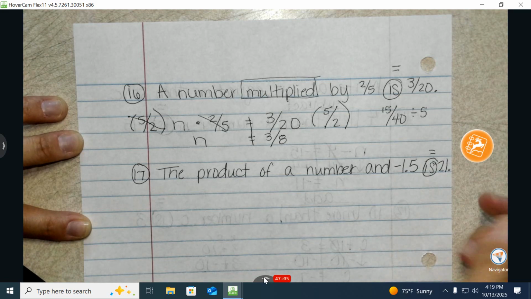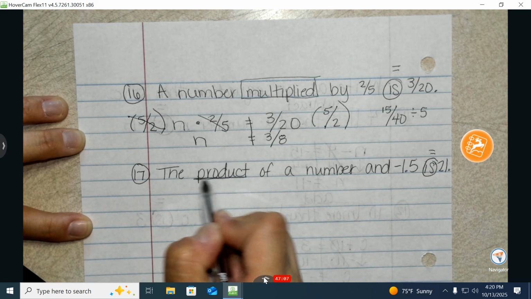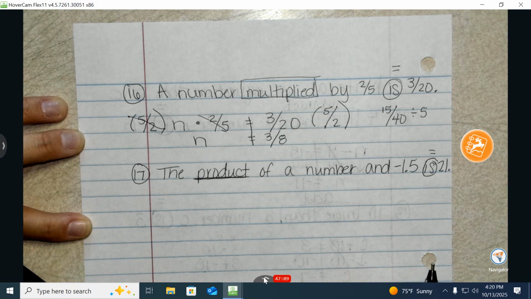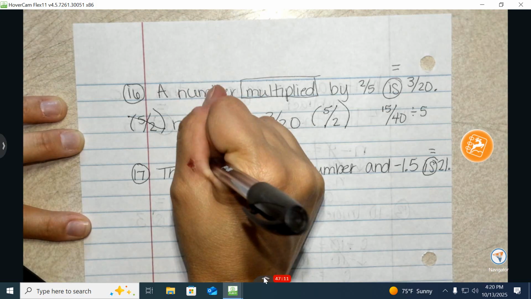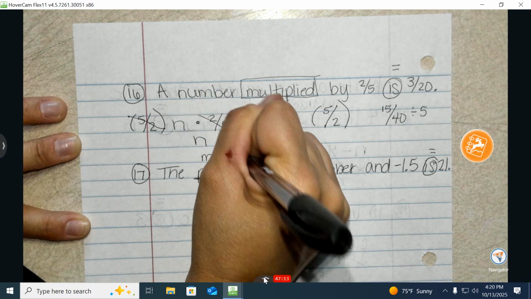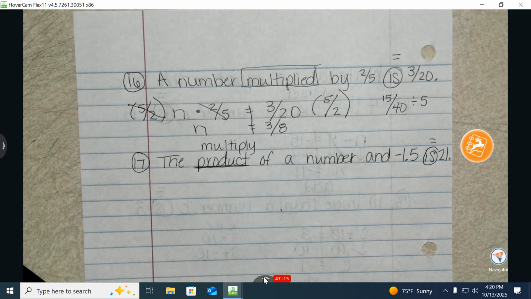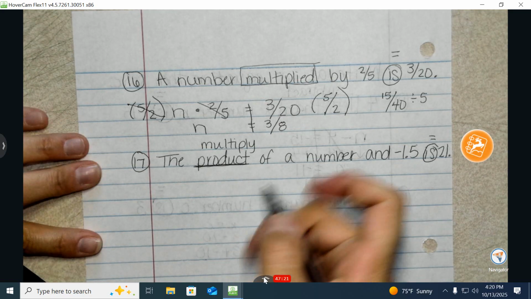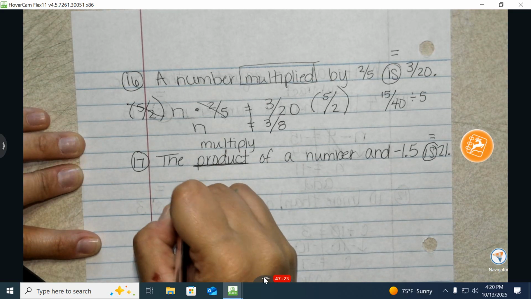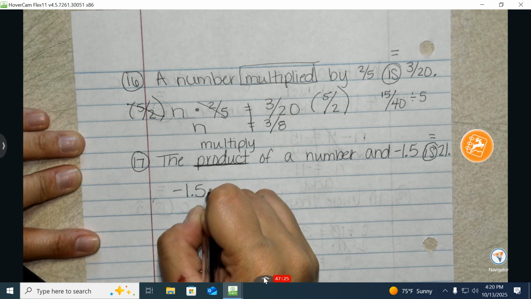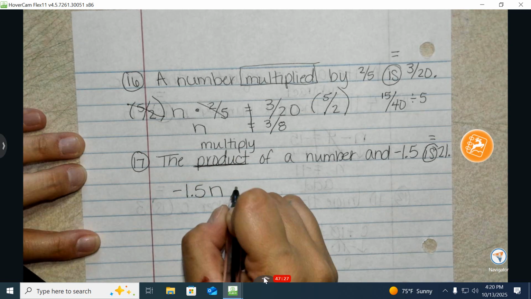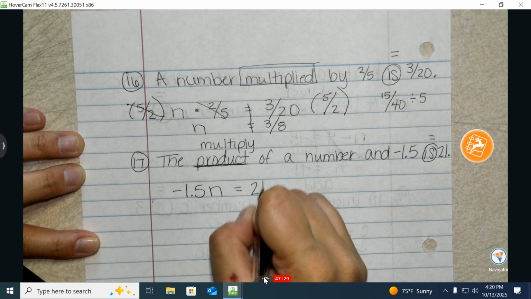Is means equal. The product means that you're going to multiply. So you're going to multiply a number and negative 1.5. So we're going to have negative 1.5 times a number, we'll pick n, equals 21.